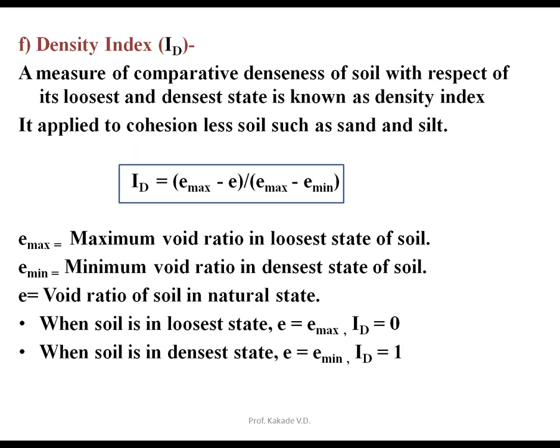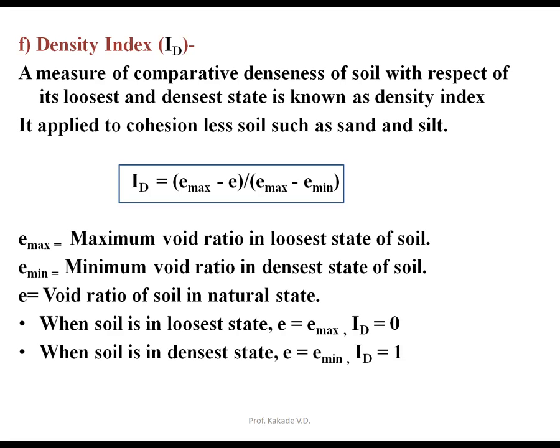Next we will discuss the density index. What is meant by density index? The density index shows the state of a particular soil between its loosest form and its densest form.